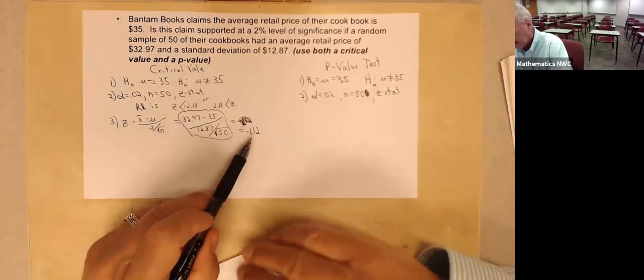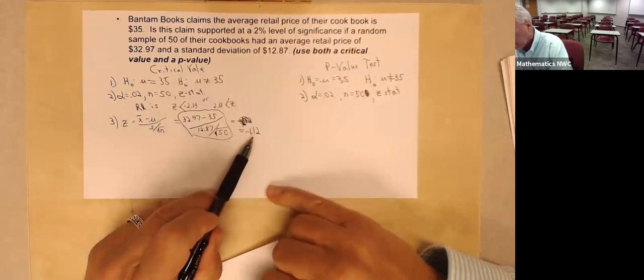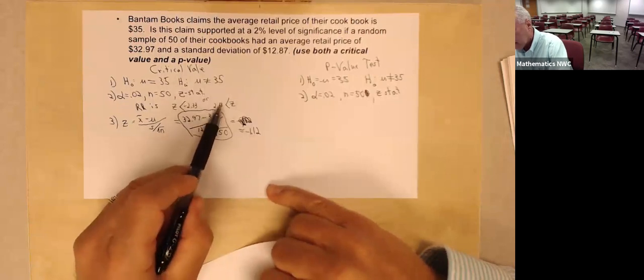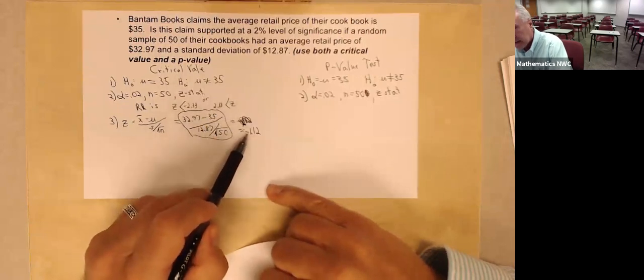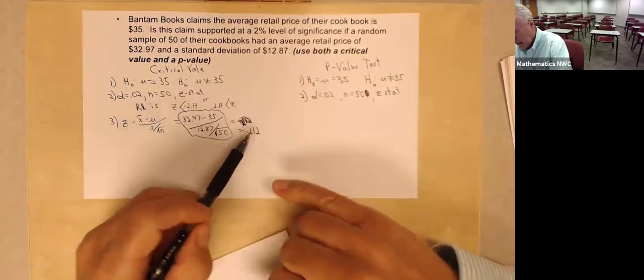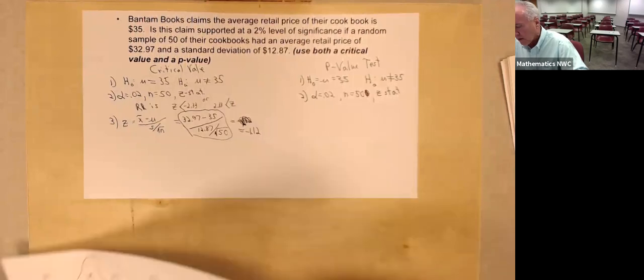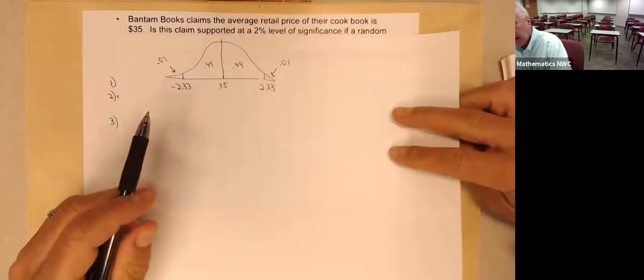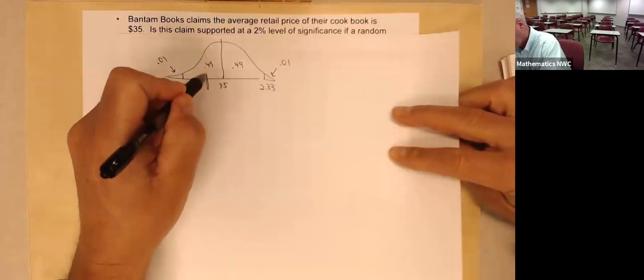Looking at this negative 1.12, first of all, it's negative. So I ignore the positive line in the sand. Because it's negative, I'm going to look at this negative line in the sand. A negative 1.12 actually shows up somewhere about in here.